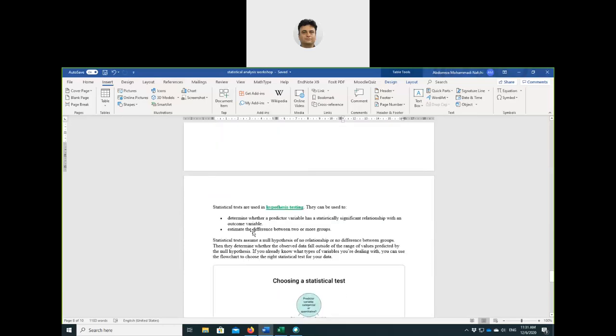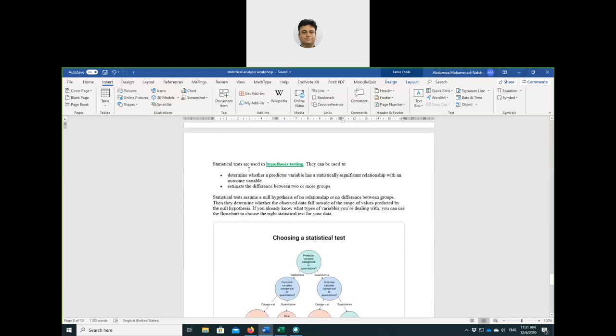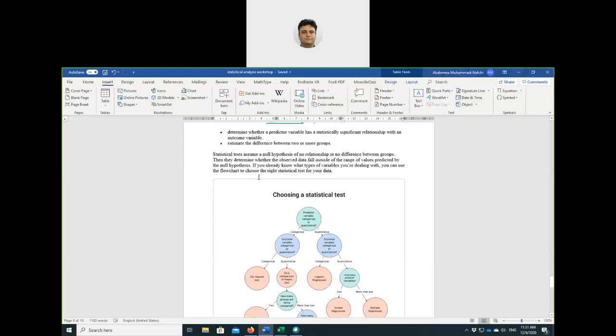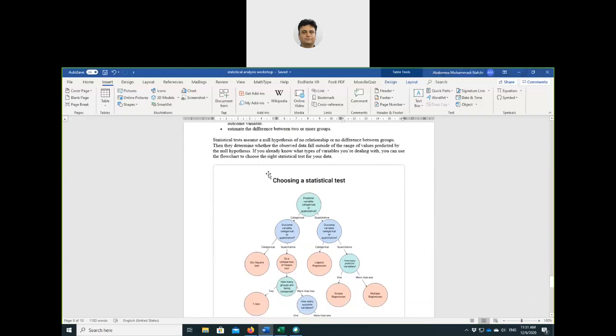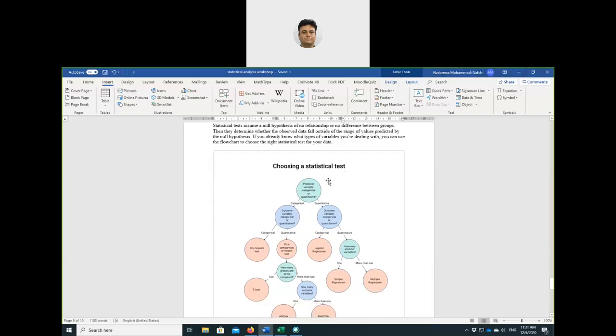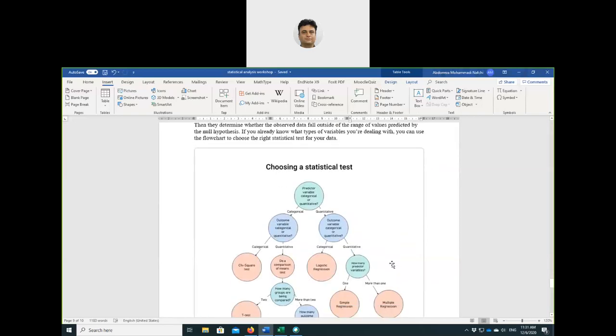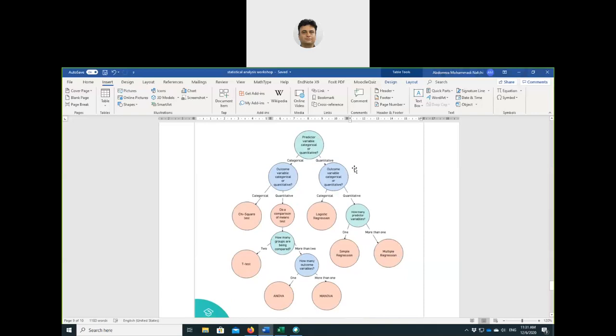Okay, so in the statistical test, we need to choose the right statistical test based on the category of our variables, dependent and independent. This chart will help you. You can also look into the website Scribbr; I brought this one from Scribbr. Here, I make it a little bigger. Okay, this is the whole way.